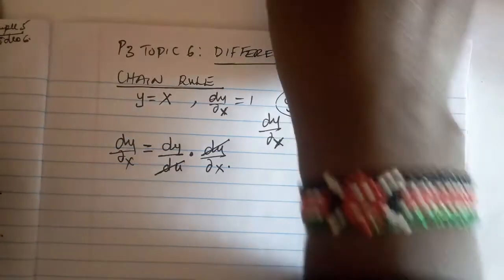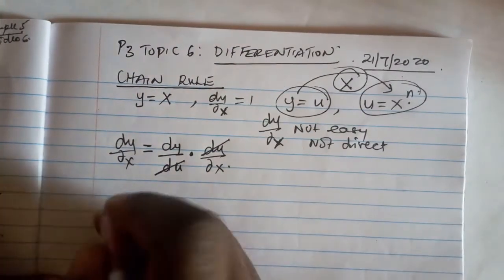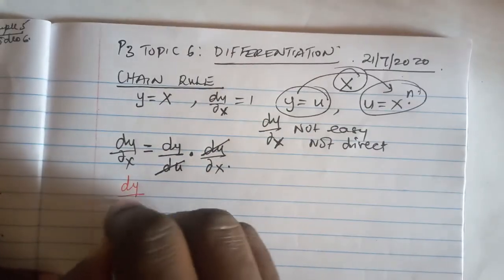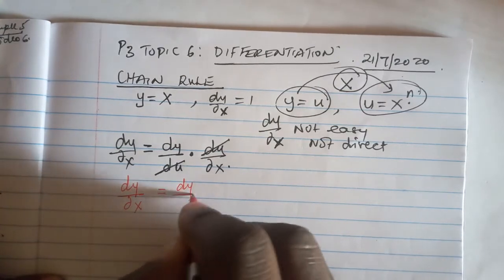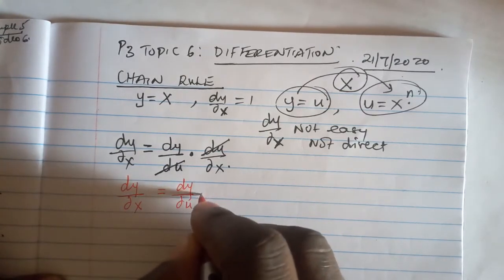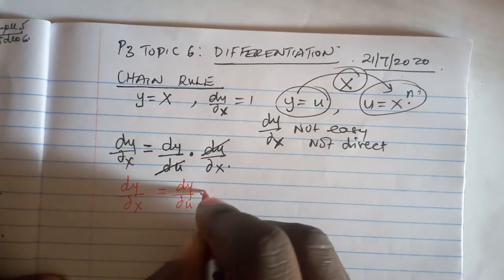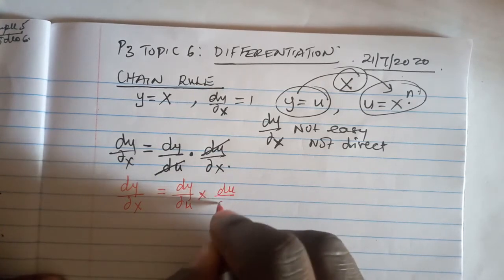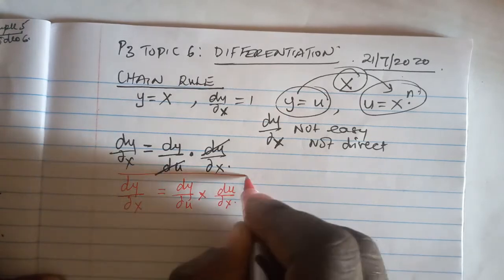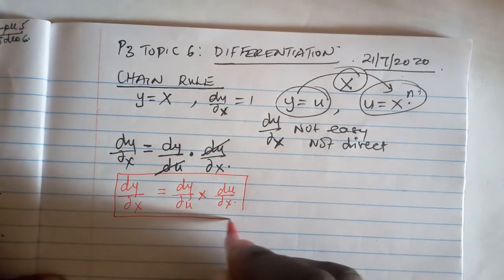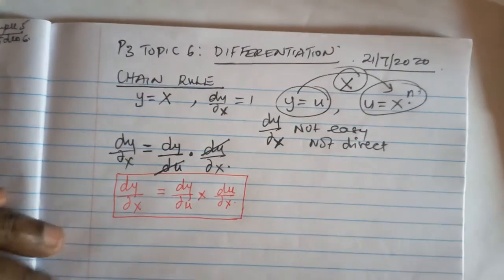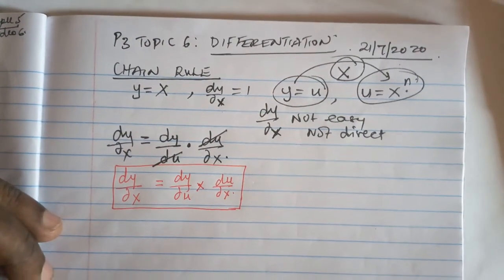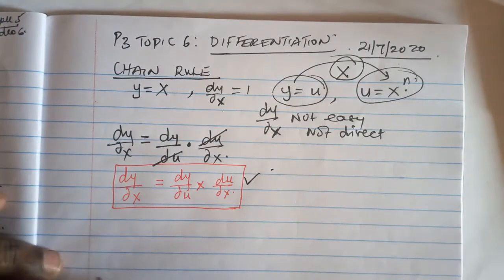So the chain rule is dy dx equals dy du multiplied by du dx. This is what we call the first order chain rule. We will find some other formats of the chain rule, but this is it. We have to live with it.